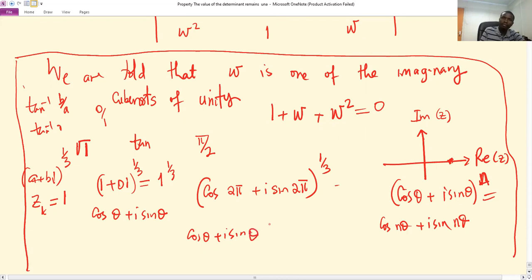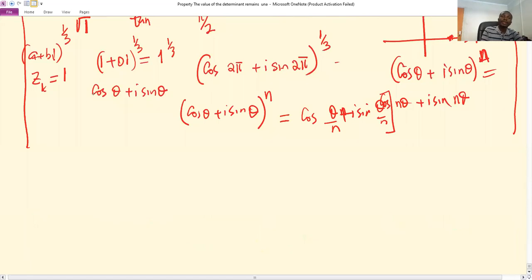Theta power n is the same as cos of theta over n plus i sine theta over n. So we have cos of 2 pi plus i sine 2 pi raised power third.